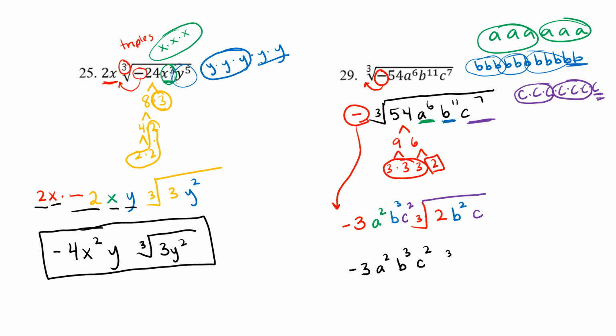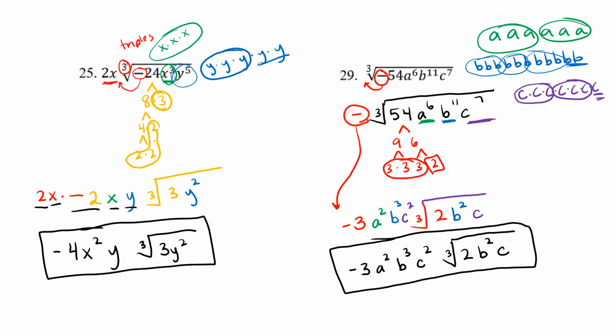And then what was left after we took out our groups of 3 was a 2, b squared, and a c. We couldn't take out any more b's because you need at least 3 b's to take out a group, and same idea for the c's.